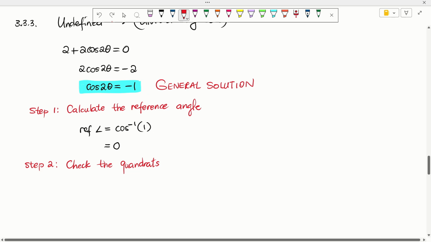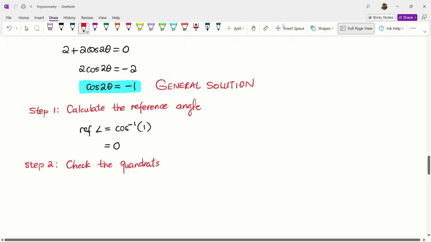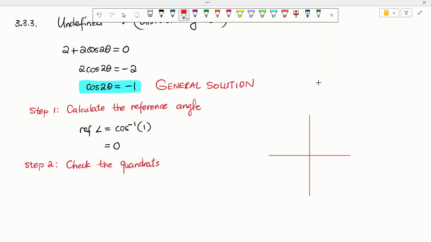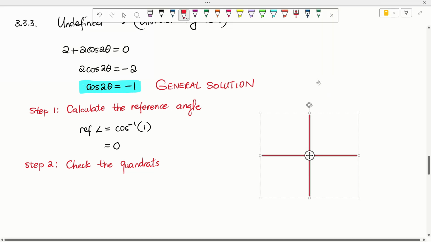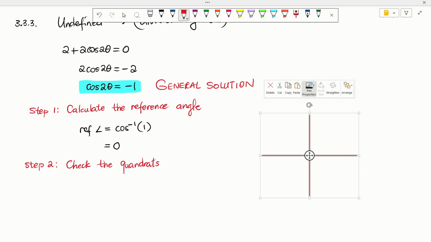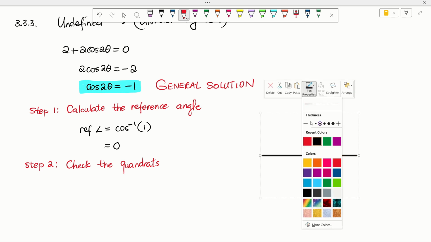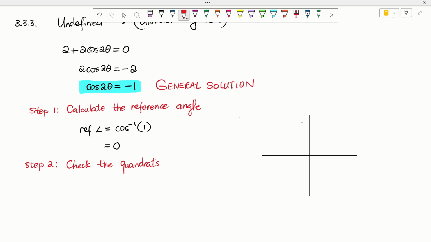So you go to your quadrants and say, okay, where is cos theta negative? So let me draw a quick Cartesian plane here, and we're going to think, all of us, where is cos theta negative? It's a CAST diagram, which means C A S T, and this is all for the first quadrant.